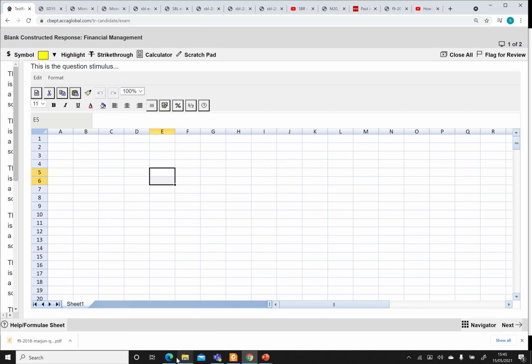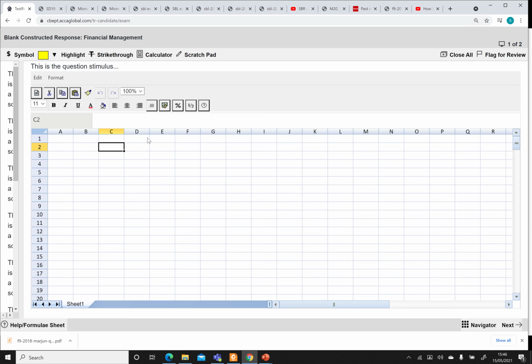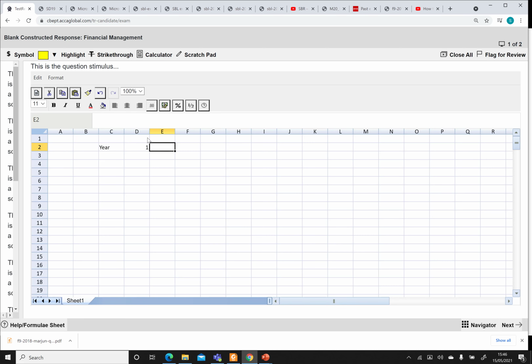So let's get the clock up. And what we're going to do is we're going to put in here the years, year 1 and year 2.